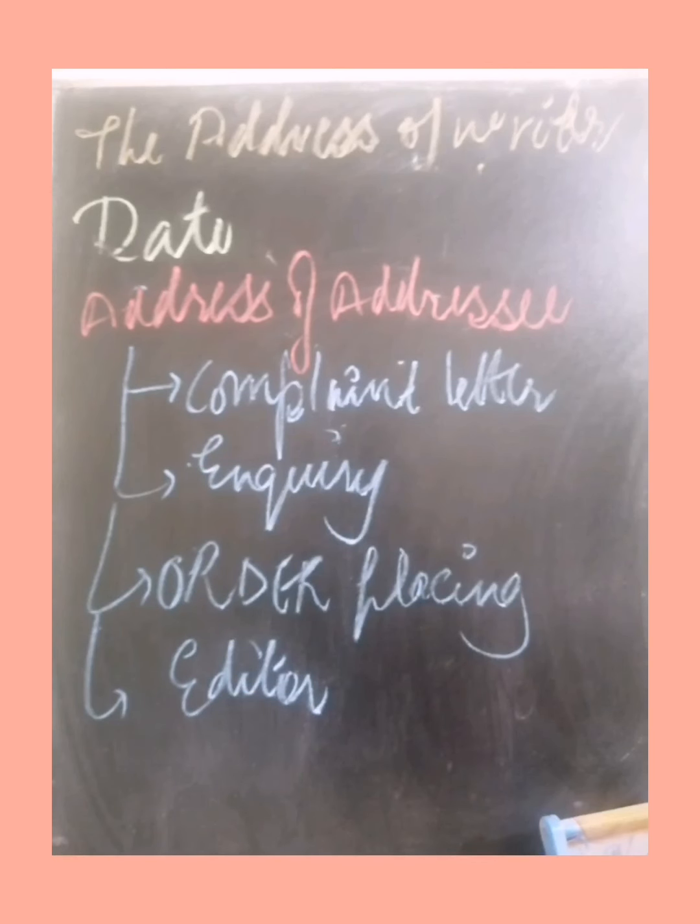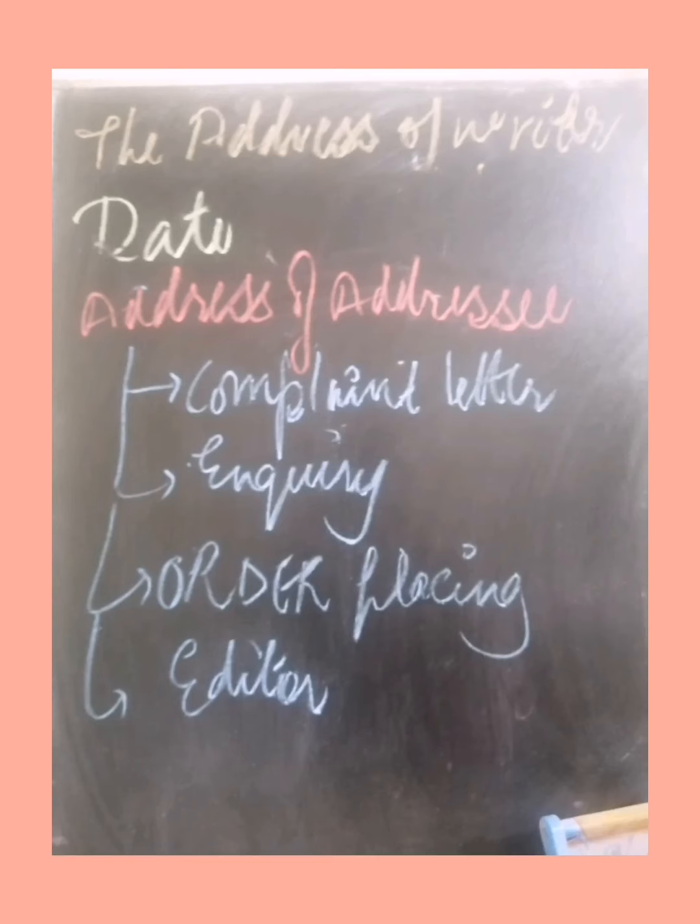Now after one line after the date, you will write the address of the addressee. Addressee means the receiver's address, who will receive your letter. There will be a different format of address of addressee for different types of letters, that are complaint letter, inquiry letter, order placing letter, and editor letter.